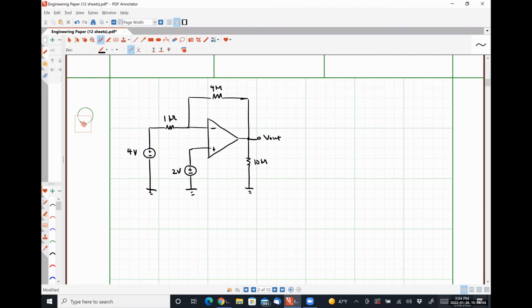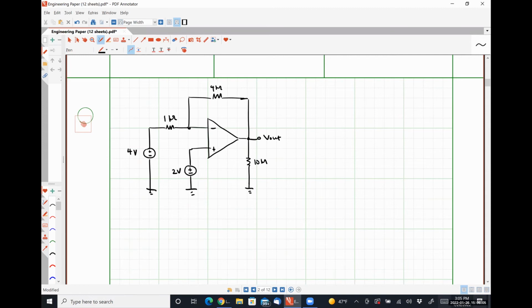So this resistor, Bradley, is ensuring rule number 2, which says that there can't be a potential difference between the inverting input terminal and the non-inverting input terminal.